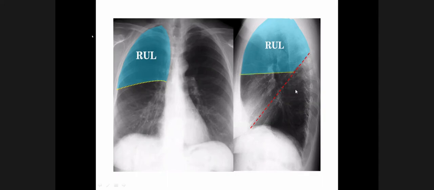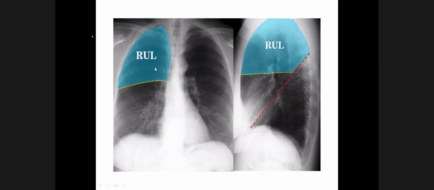If this lobe is inferior to the oblique fissure, this is a lower lobe. If it is anterior, it may be upper or middle, so you have to look at the minor fissure. If it is above the minor fissure, this is the right upper lobe. If it is inferior to the minor fissure, this is the middle lobe.